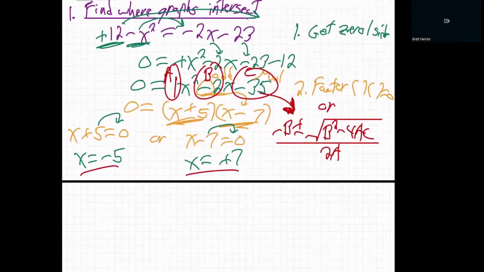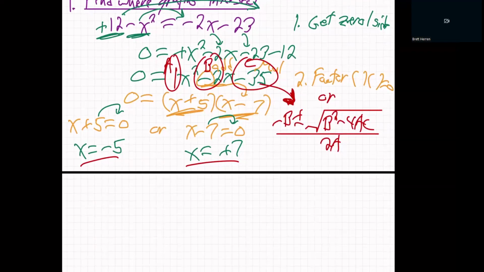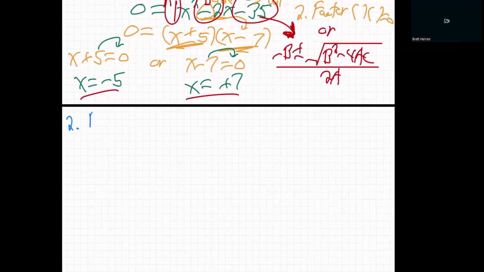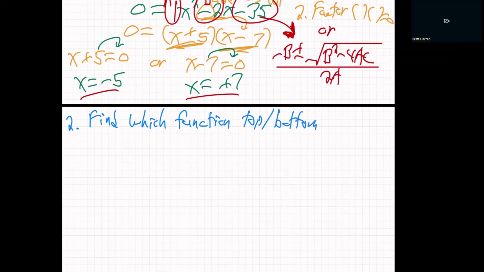So now, step number 2, we're going to find which function is on the top or the bottom between, in the middle of the x values.